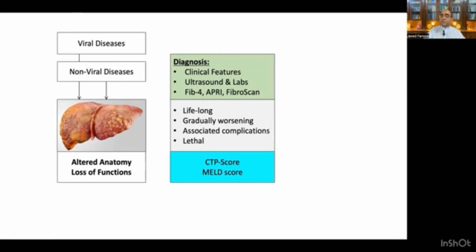What is the CTP score, what's the MELD score, because these two scores tell us clinically whether our patient is in compensated cirrhosis or decompensated cirrhosis, or if the patient is remaining stable. So the CTP score and MELD score are very, very important, very, very fundamental.